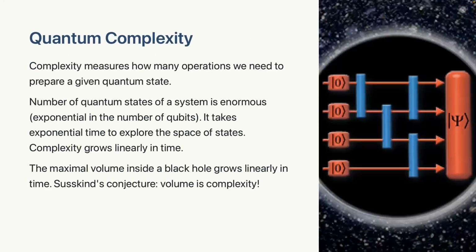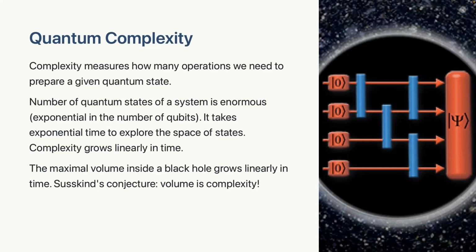And there is something similar with complexity. I think I will not go much into this. Complexity is a measure of how many operations you need to prepare a given quantum state. The space of quantum states is exponentially large, and that gives you exponential time to explore the space of states.